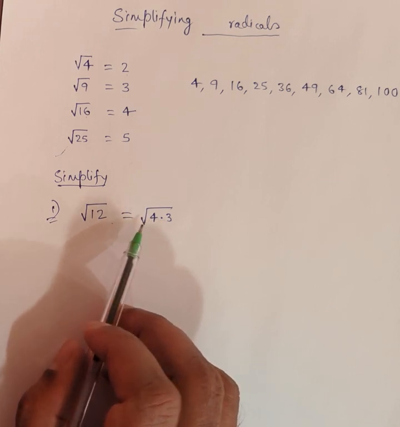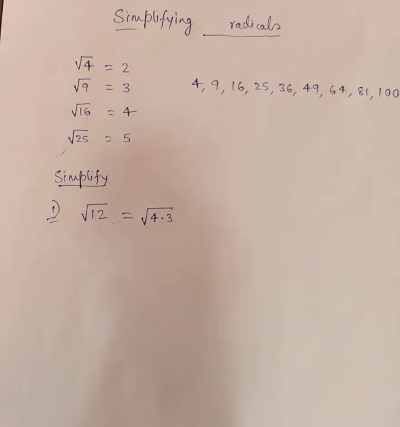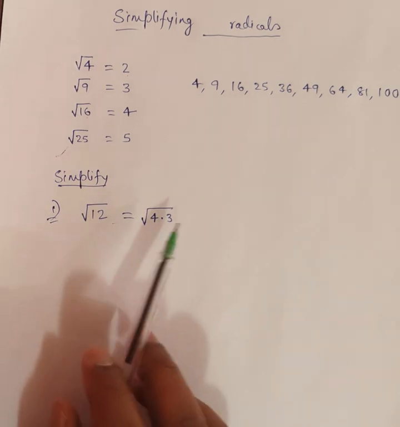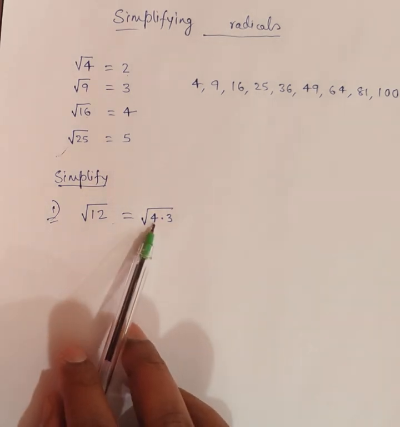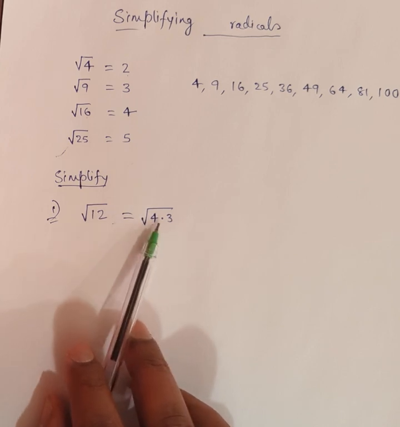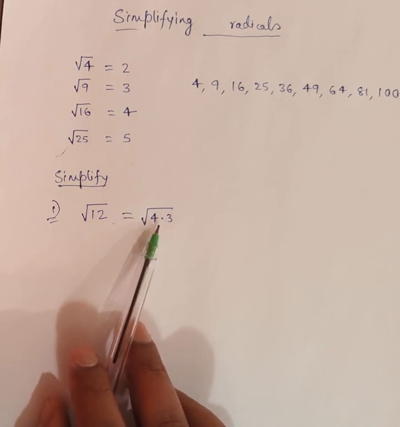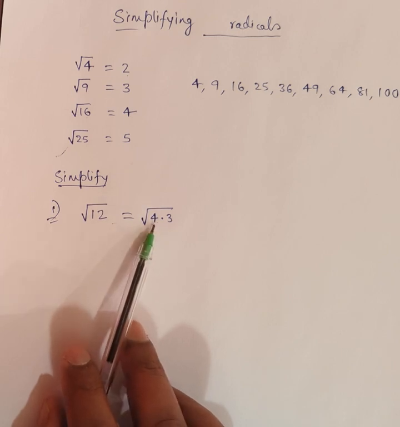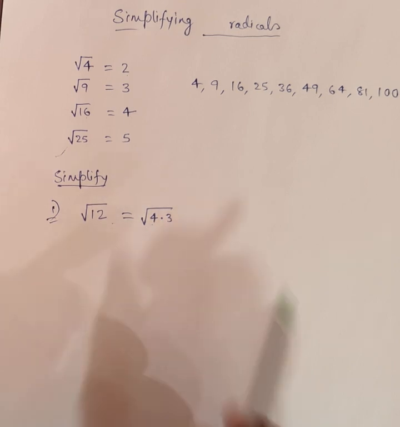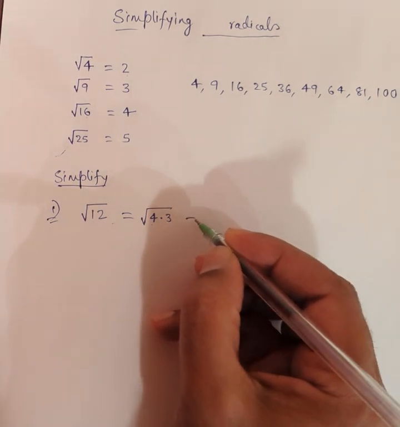Now if you broke it down as 2 times 6, then neither 2 nor 6 is a good number. So that's not a good factorization. And also, I want to write the good number first. You might ask, can I write this as 3 times 4? Well, I would say write the good number first. Why? Because you'll see it in the next two steps.